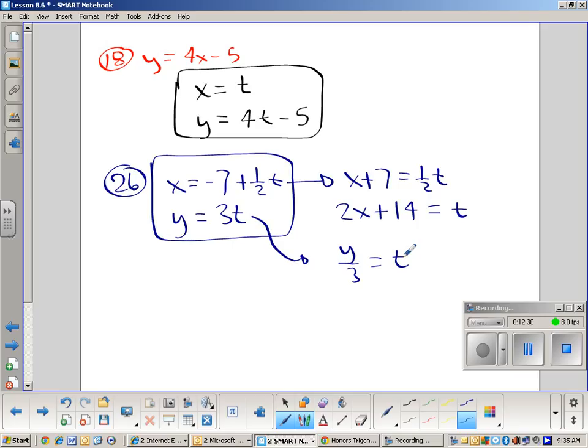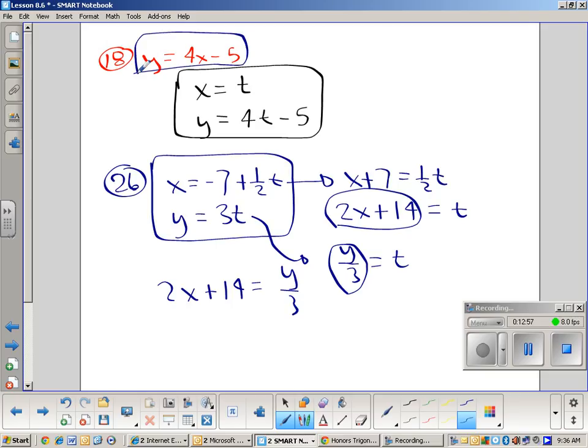Now, this is like solving a system. If I know that both quantities are equal to t, then I can set them equal to each other. And so 2x plus 14 is going to equal y over 3. If I want this in this form, I would multiply both sides by 3, and I'm just going to flip it around also.